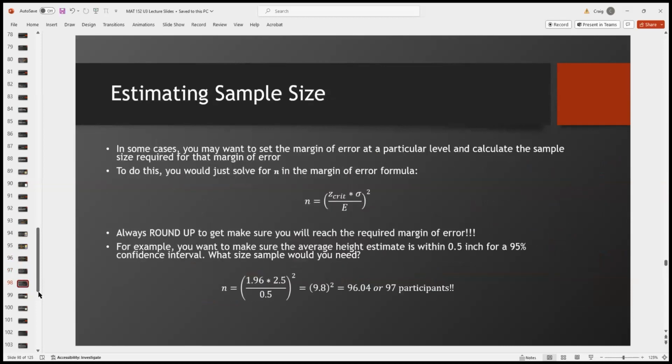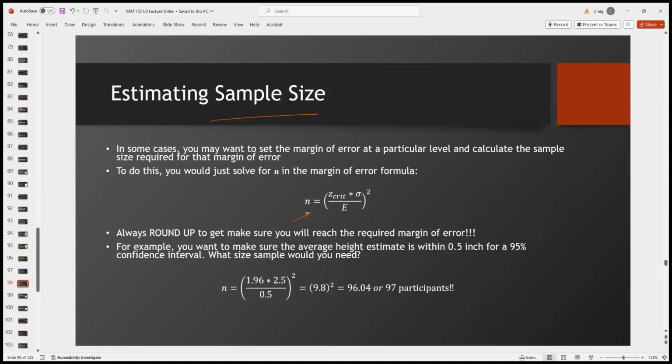So in some cases, you might want to determine an estimate and know the margin of error, right? So we're going to calculate the margin of error first. We want to calculate this estimate within half an inch or an inch. And so to do that, we can then calculate the sample size we would need for that margin of error, if we know the standard deviation of the population.